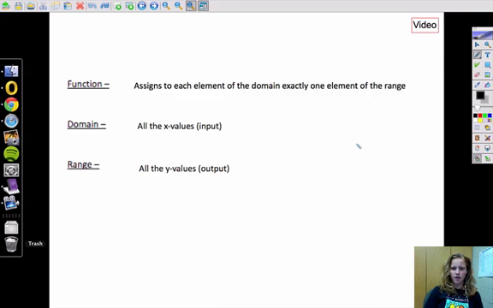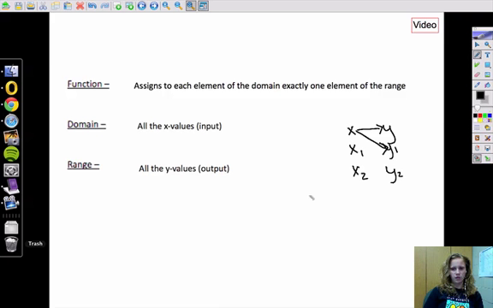Okay, so if we have a group of x's and y's here, each x can only go to one y. So if we have x1, y1, x2, y2, x could not go to both y and y1. That would not be a function, okay?